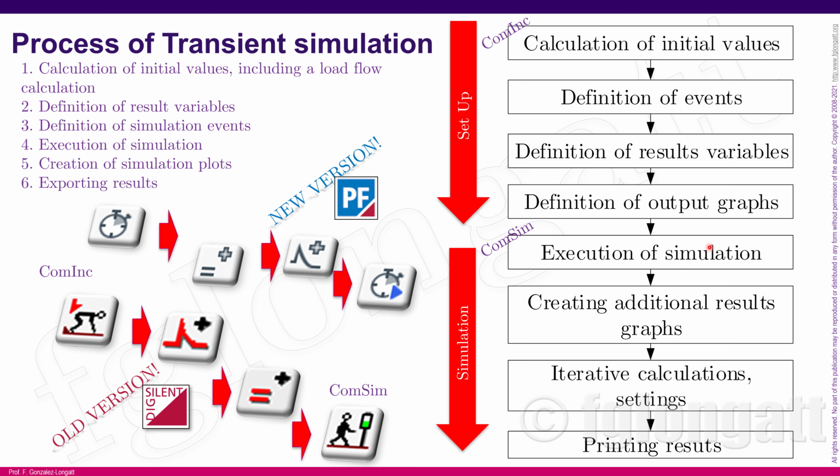That is the moment that we press the button. After that, if you need to create additional result graphs, you can do it. Also, if you want to do a sensitivity analysis, you redo the simulation, changing some parameters, and that is an iterative calculation method. And finally, you can print or export the results.